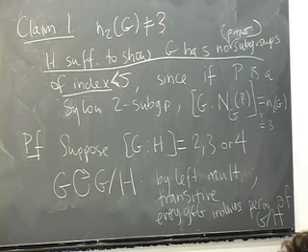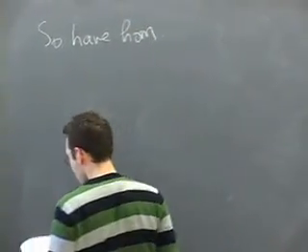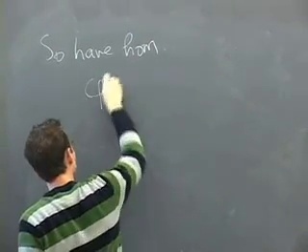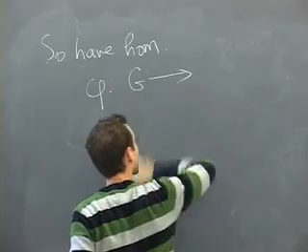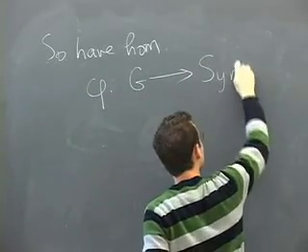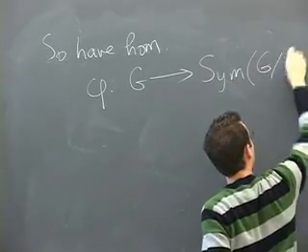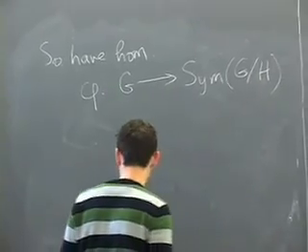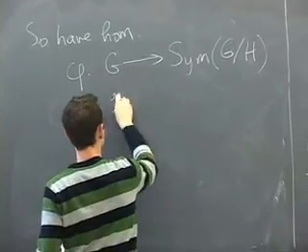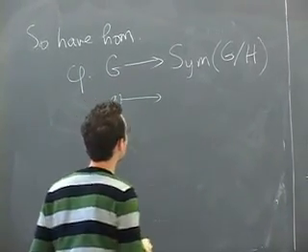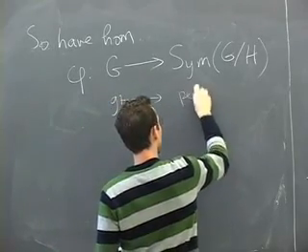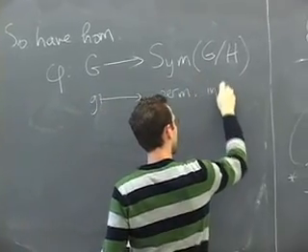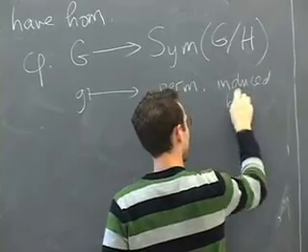So there's a homomorphism from G to the symmetric group on the coset space, G mod H. In other words, this takes element g to the permutation induced by g.